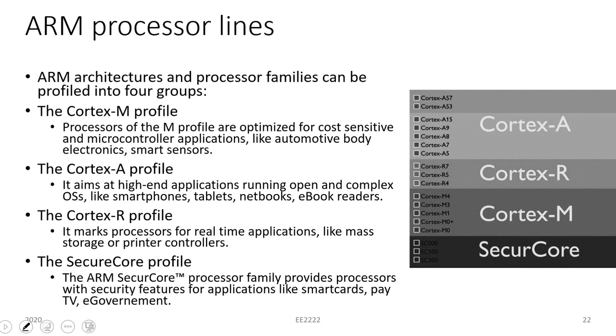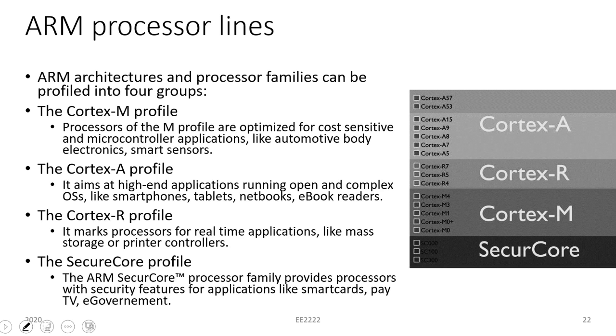And then we go on to ARM architectures and ARM processor families, the particular processor designs. There are different processor designs aimed at different application domains. So we have mobile specific processor designs. We have high-end application specific designs, things that may be used in smartphones, netbooks, and even laptops these days.